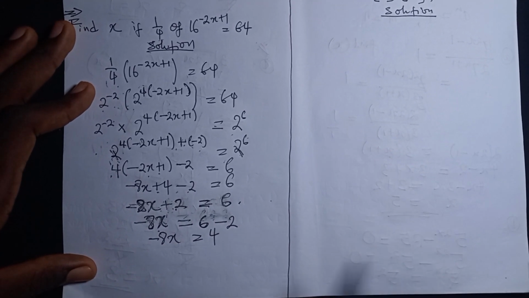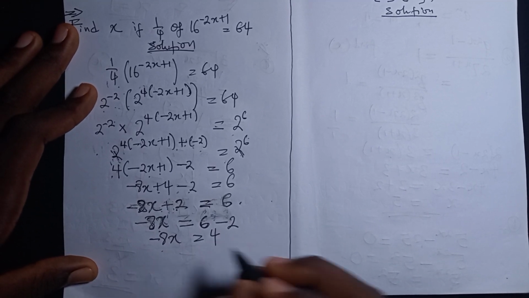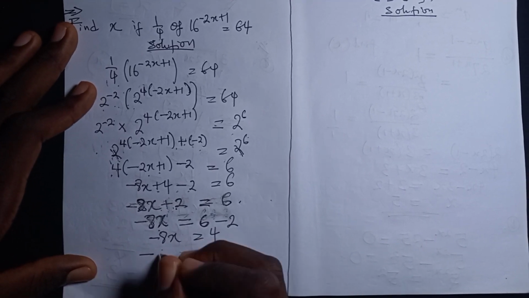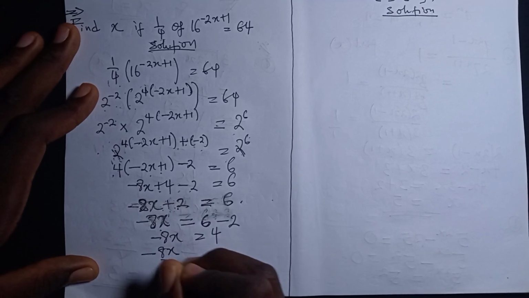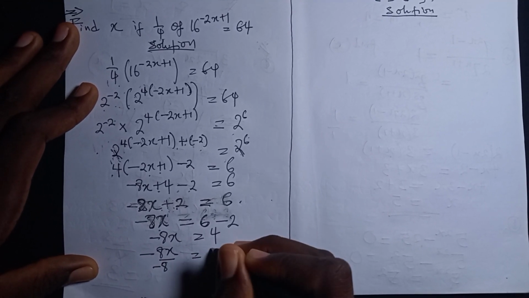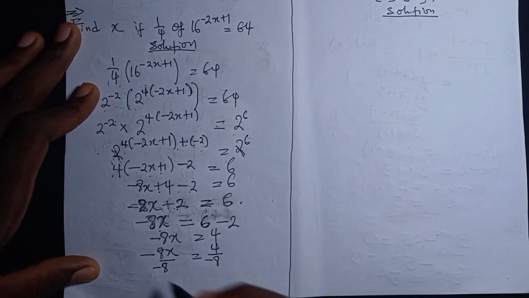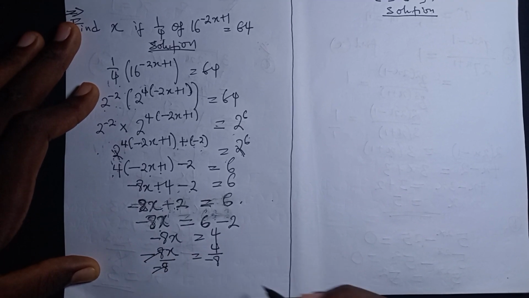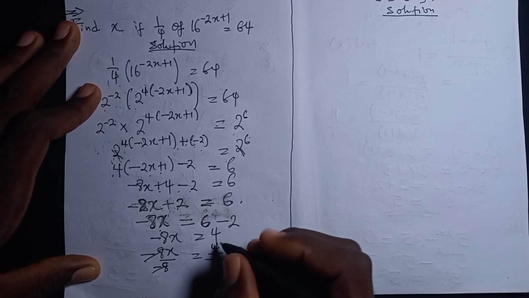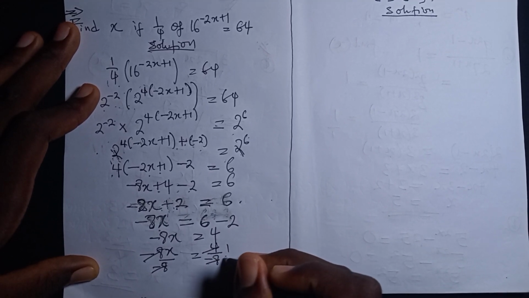So now we can divide both sides by the coefficient of x, which is minus 8. So if we divide both sides by the coefficient of x, we have minus 8x over minus 8 is equal to 4 over minus 8. So now minus 8 cancels minus 8, and 4 over minus 8 gives you minus 1 over 2.